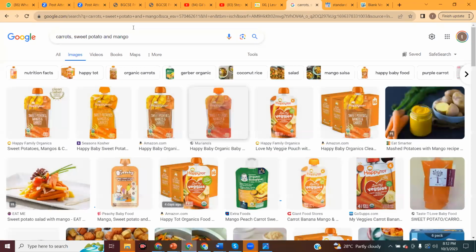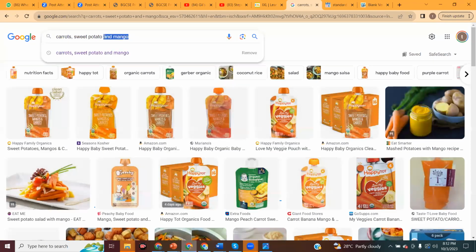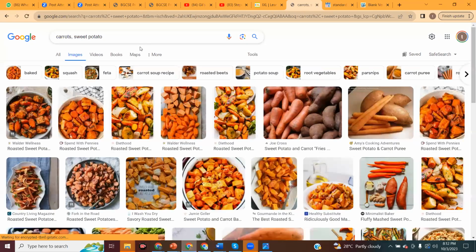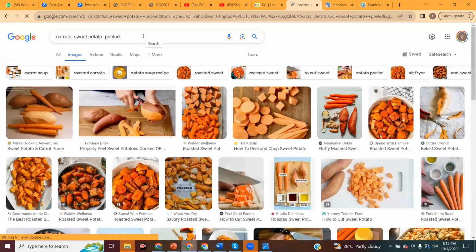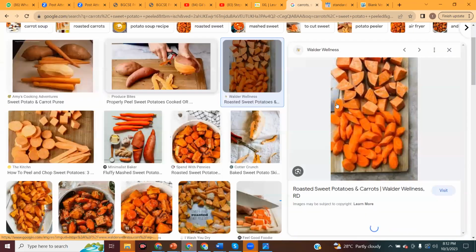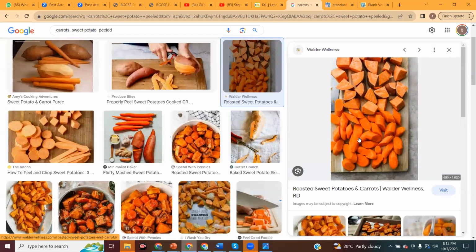Let me just put two of them together side by side. If you look at this, you have the orange color, and both of them have beta carotene in them.